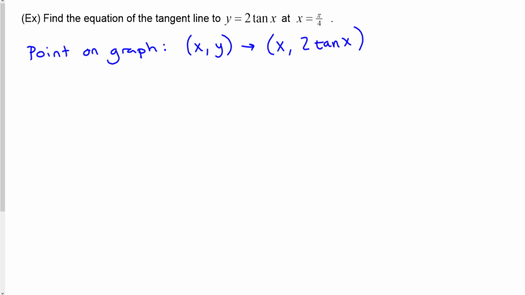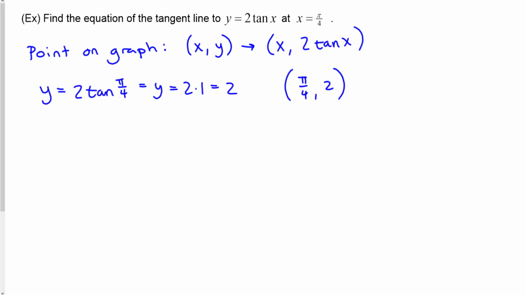So let's evaluate 2 tangent x. So my y value is 2 tangent pi over 4, and tangent pi over 4, if that's one that you're not familiar with, develop your unit circle, whatever you need to do to come up with your answer here. But this one is just 1. So this would be y equals 2 times 1, or 2. So the point on the graph is pi over 4, 2.